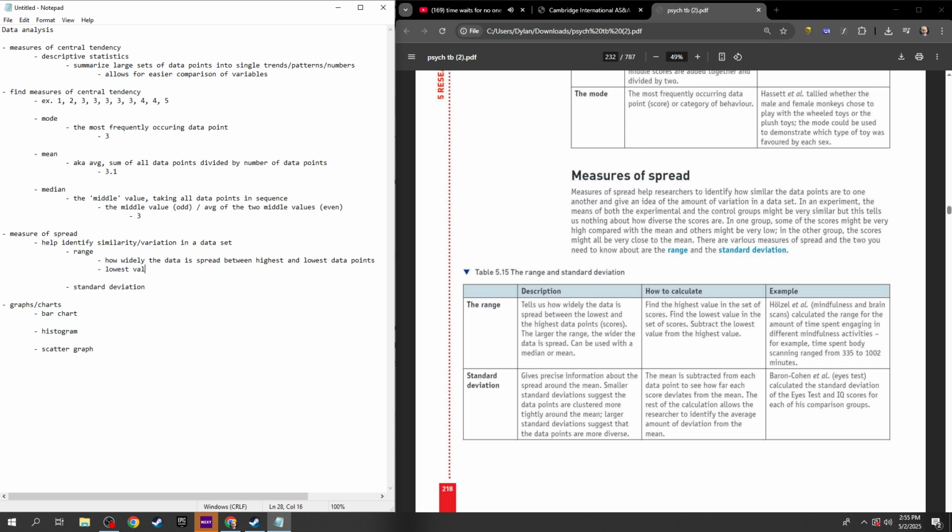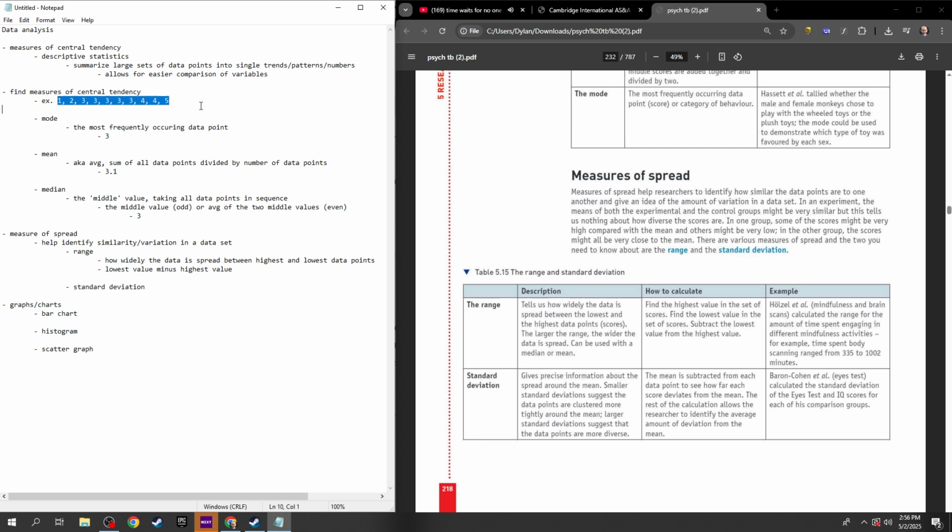So lowest value minus the highest value.